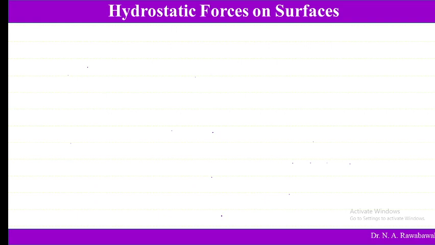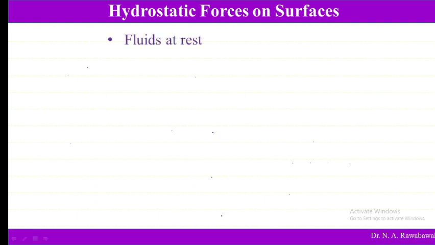Hydrostatic means the fluid at rest. Static is nothing but at rest, and hydro means fluid. So the forces acting due to the stagnant substance, that is the liquid or fluid, are known as hydrostatic forces.